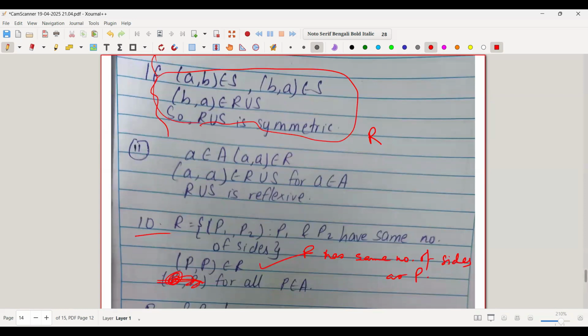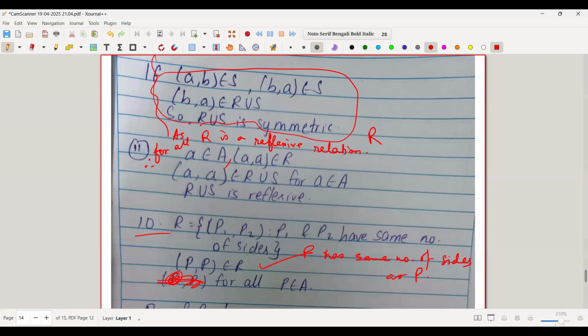So (a, a) belongs to R for all a in A, as R is a reflexive relation. You should write this at first: as R is a reflexive relation.